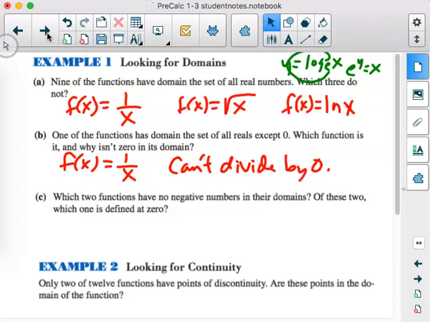So the first one was talking about which of these has restricted domains. And then B follows up and says, okay, well, one of those you can't use 0 for. Which one is it? And we can't divide by 0. C says, which two functions have no negative numbers in their domains? And then of these two, which one would be defined at 0? So, which two, no negative numbers?